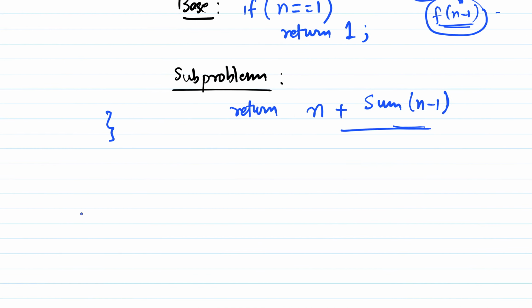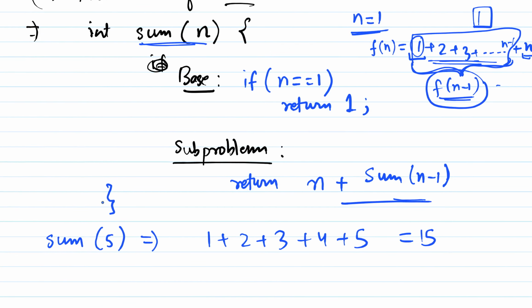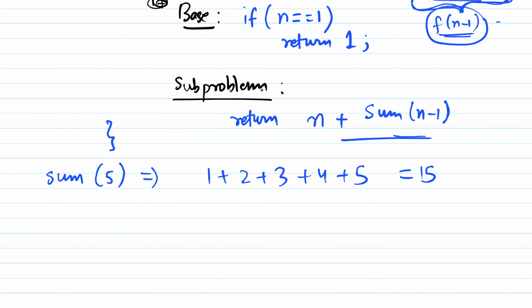For example, let's say we have to calculate sum 5. This will be 1 plus 2 plus 3 plus 4 plus 5, that is 15. So this sum 5 will come here. N is not 1, so it will return n plus. We called sum 5 and it called 5 plus sum 4.